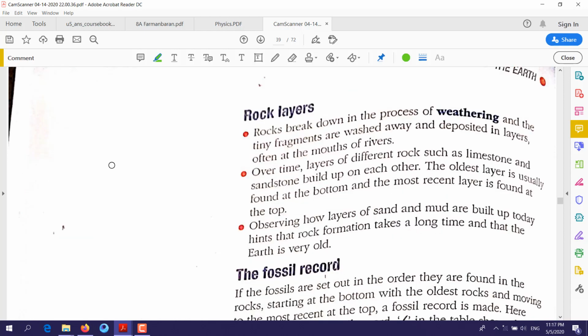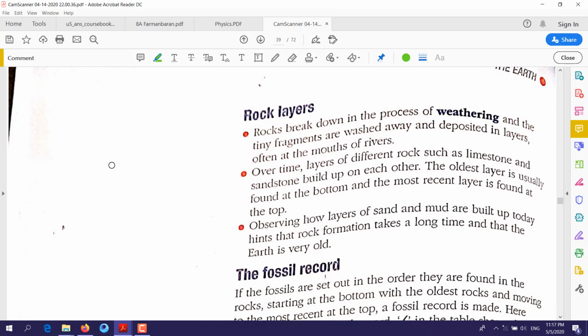Rock layers, how the layers form. When I explained weathering, I said by weathering we mean breaking the rocks into smaller pieces.